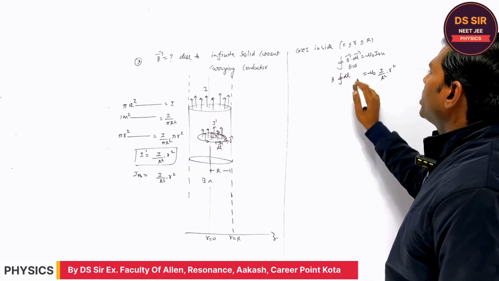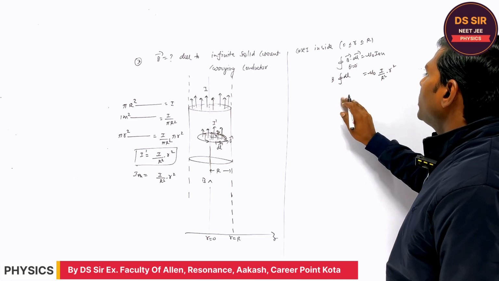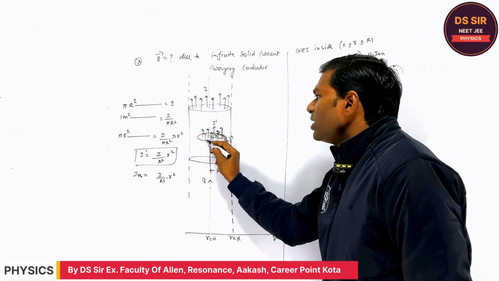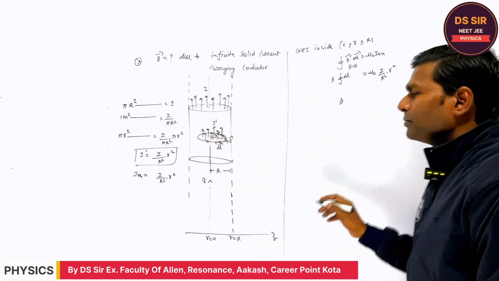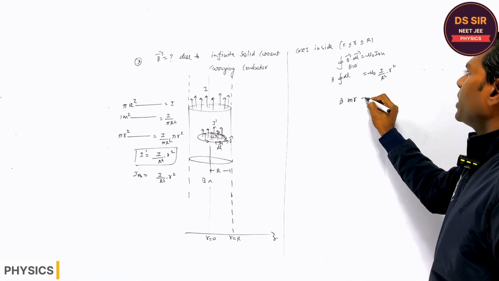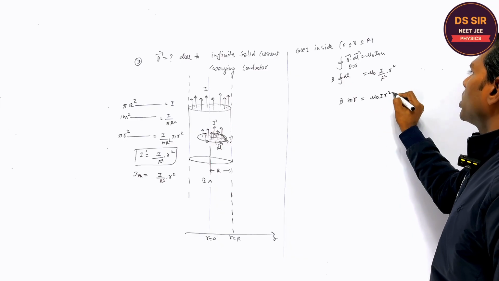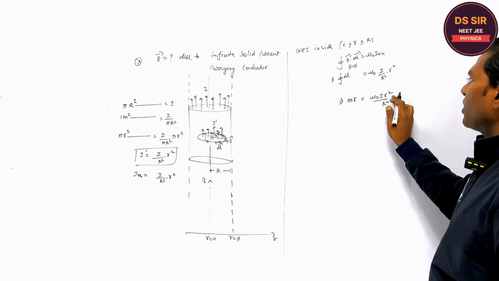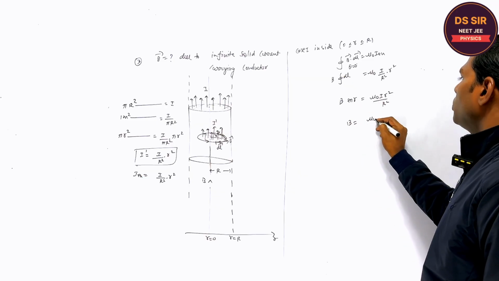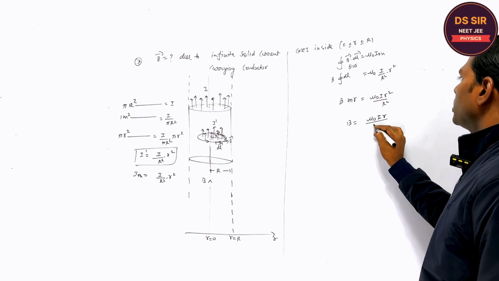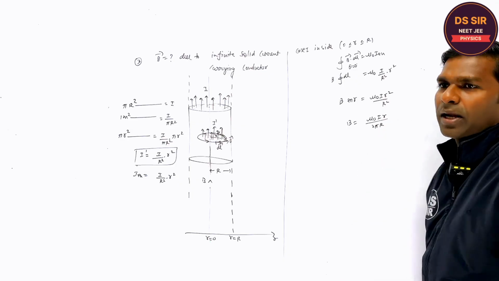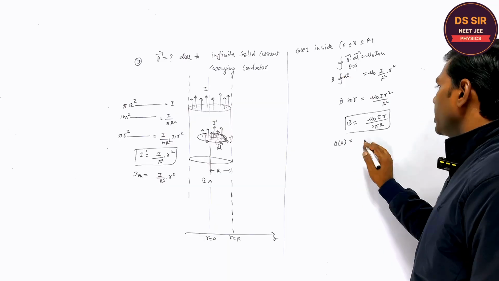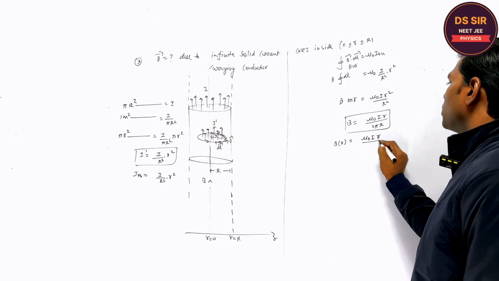Integration of dl means 2 pi r. So B times 2 pi r equals mu naught I r square upon R square. If you further simplify this, one r will cancel out. B is equal to mu naught I small r upon 2 pi capital R squared. So this is the magnetic field inside as a function of small r.